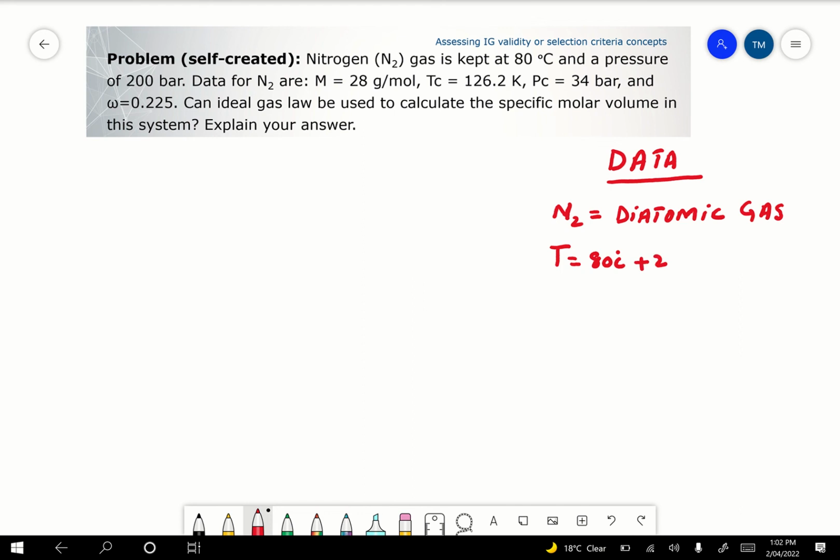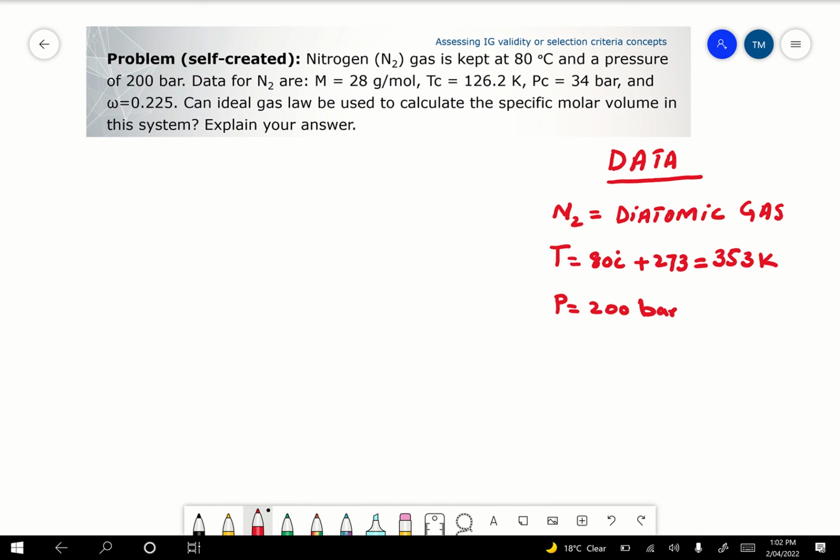We can convert this into Kelvin by adding 273, and as a result, we get 353 Kelvin. And pressure is 200 bar. The other information about nitrogen, like critical temperature, critical pressure, omega, which is the acentric factor, is not relevant, so we will not use this.